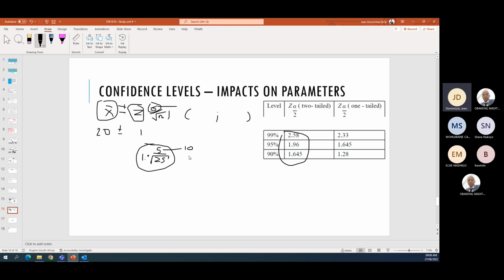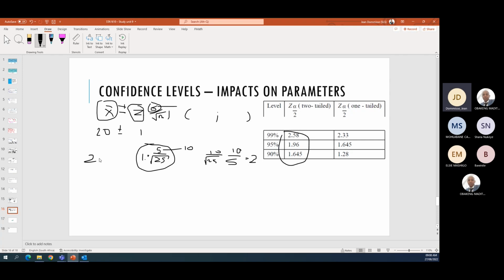Let's look at that. Instead of 5, it's 10. We divide still, n was kept the same, so that is still divided by the square root of 25, which gives us 10 divided by 5, which gives us 2.